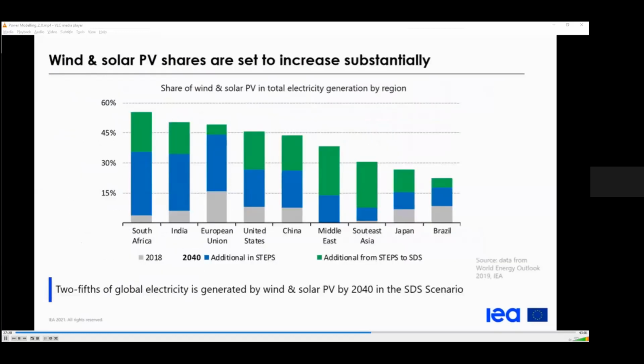So why are we looking at wind and solar PV technologies? The answer is quite easy. They really represent the biggest change and success story of the last 15 years. Solar PV is the new king. It's the most built technology over the past 3 years.